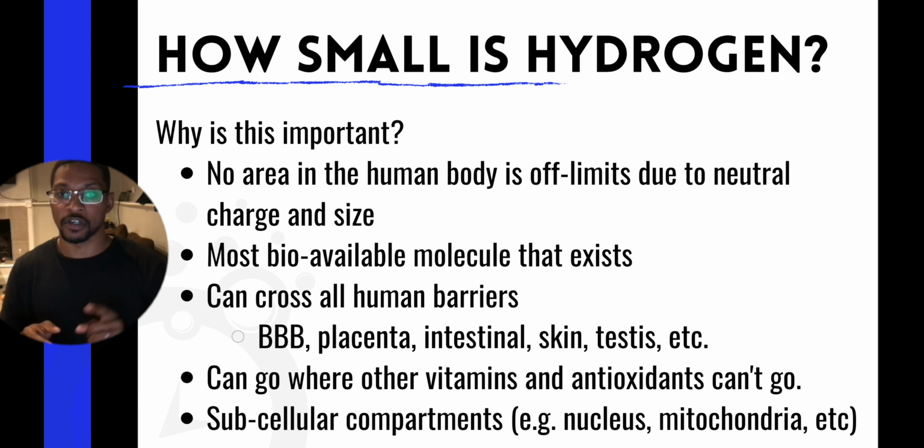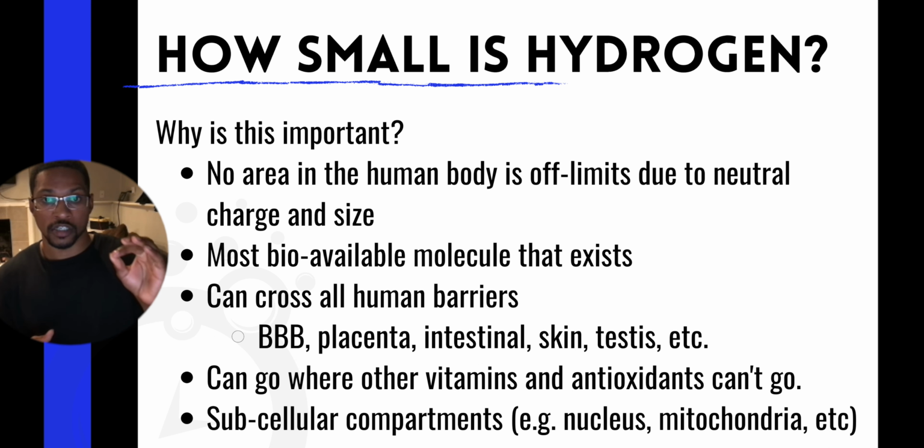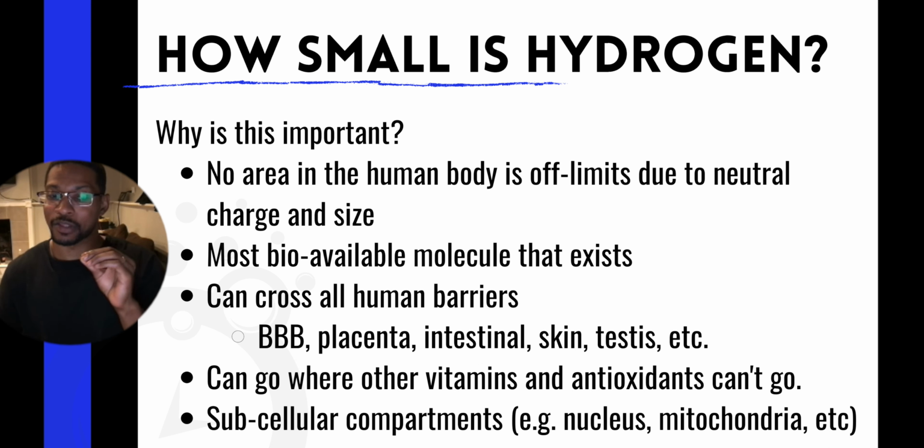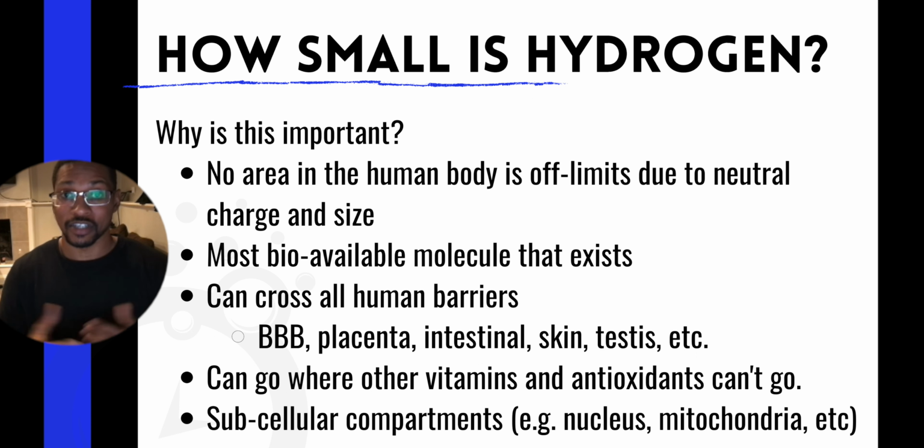So, before I even go there, bioavailability is determined by the charge of a molecule and the size of a molecule. Well, molecular hydrogen is neutral, and it's the smallest molecule that actually exists. So there's no other molecule that can penetrate into our bodies as efficiently as molecular hydrogen.